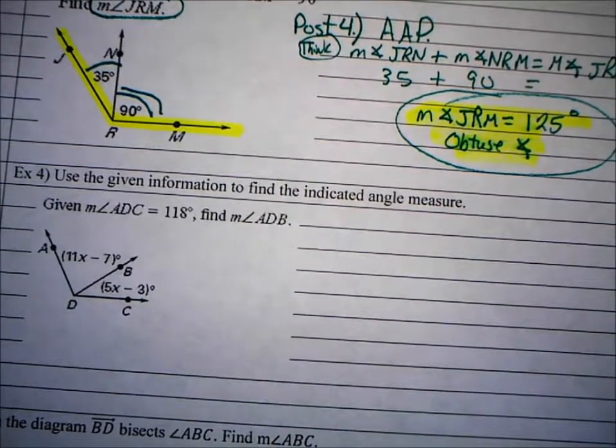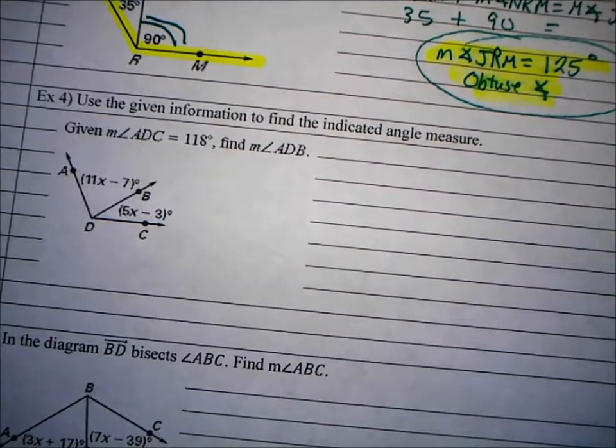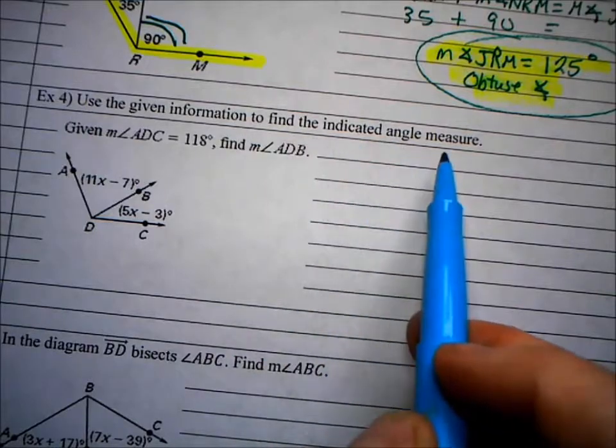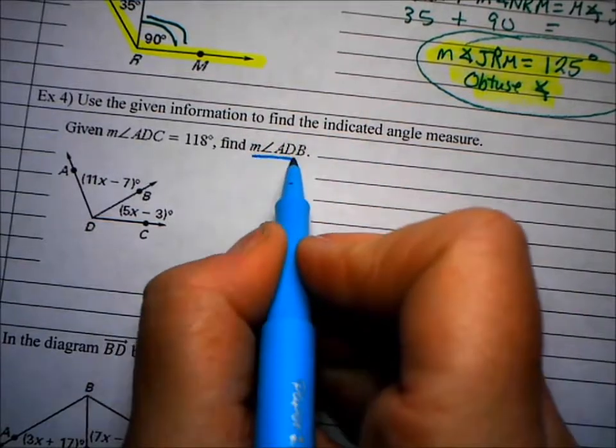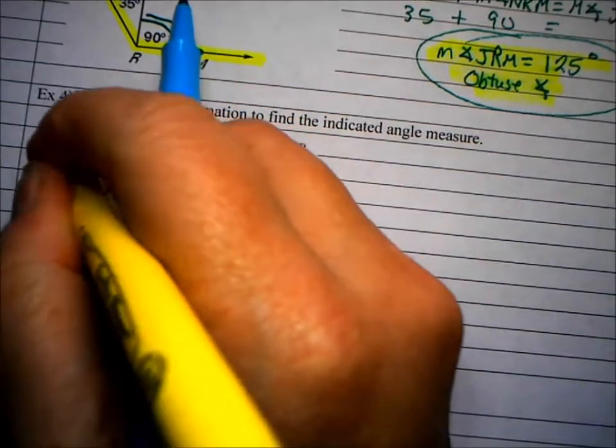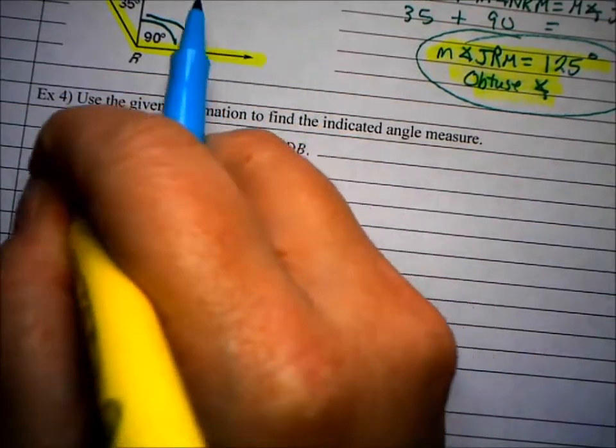Example 4 is an algebraic type of problem, doing kind of the same thing we did at example 3, just making it a little more difficult. It says use the given information to find the indicated angle. I'm asked to find the angle ADB, so I'm going to highlight that little piece because that's what I'm looking for.